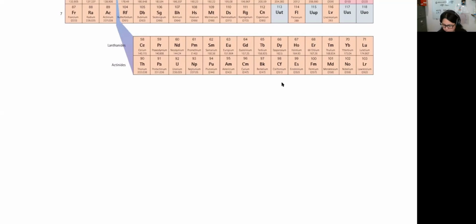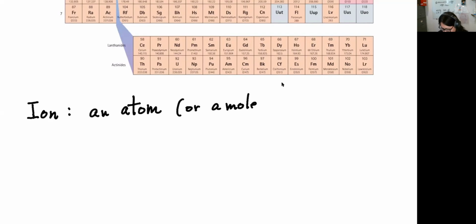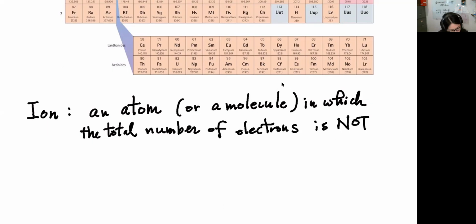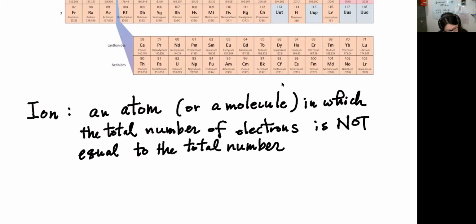So here, let me write down, define ion. What is an ion? An ion is an atom, or it could actually be a molecule, we're going to talk about molecules too, in which the total number of electrons is not equal to the total number of protons.